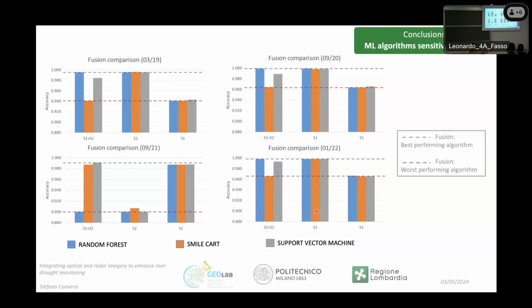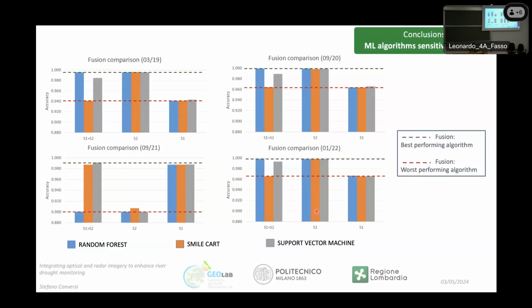First of all, we can recognize that sensor integration is not always the best solution for mapping water. This may seem a little problematic from our point of view, but you can also notice that the best performing one, which seems to be the Sentinel-2, actually has a huge decrease of efficiency, of accuracy, so of reliability, on one of the dates that were chosen.